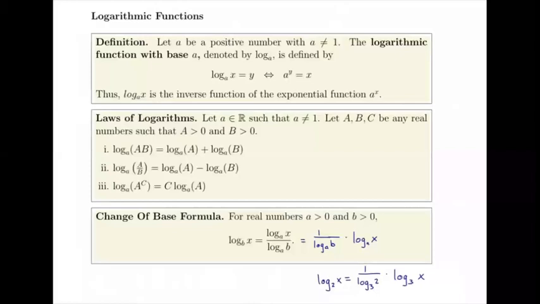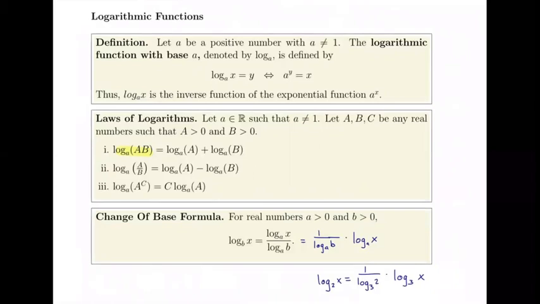So remember the laws of logarithms. We had 3 main laws. Log base a of some numbers a times b, where a and b are both positive, is equal to log base a of a plus log base a of b. Similarly, log base a of a over b is the difference, log a of a minus log a of b.